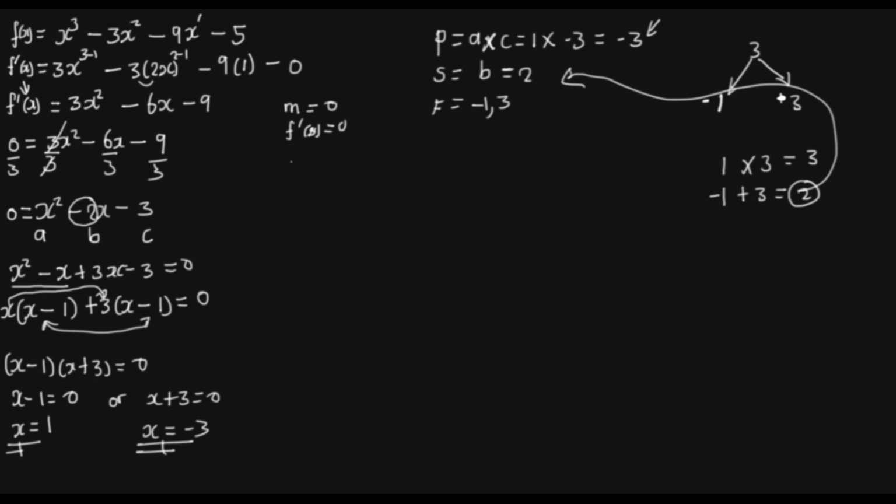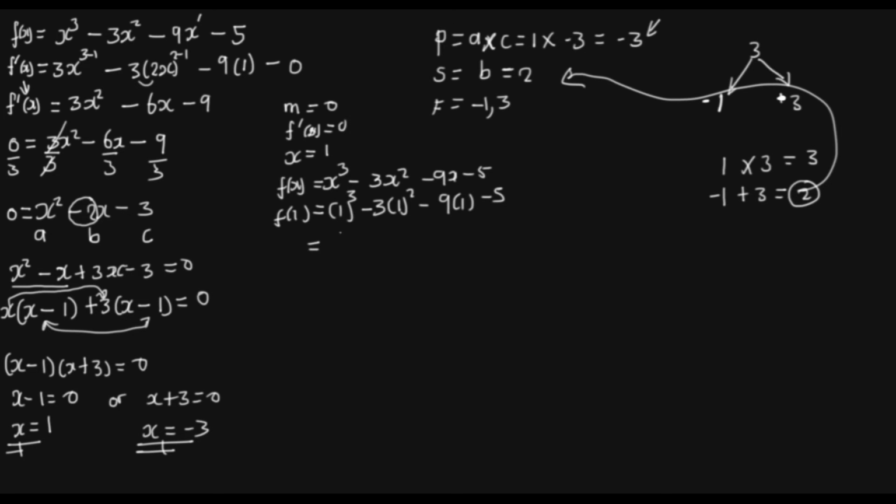Now, number 2, we need to find the values of y corresponding to these values of x. So let's first find the value of y by using 1. When finding the value of y, you need to use the original function before it was differentiated. So where there is x now, we substitute with 1. So 1 raised to the power 3, 1 raised to the power 2, and 1 raised to the power 1 minus 5.